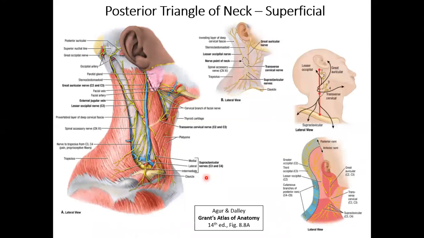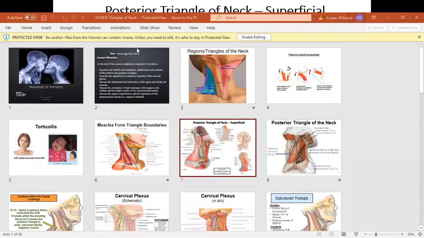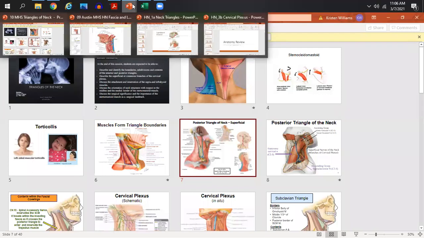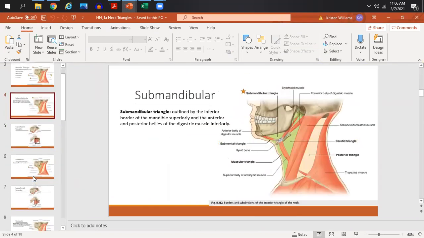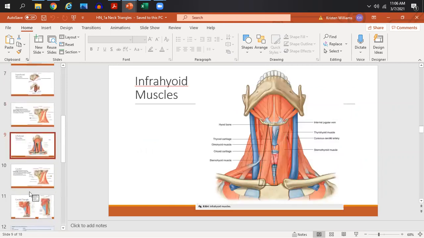So for posterior triangles of the neck, again, the separation is the omohyoid muscle, and I actually have my own triangle slides. So I pull this up real quickly just to show you a little bit better. That's anterior, just starting with posterior.